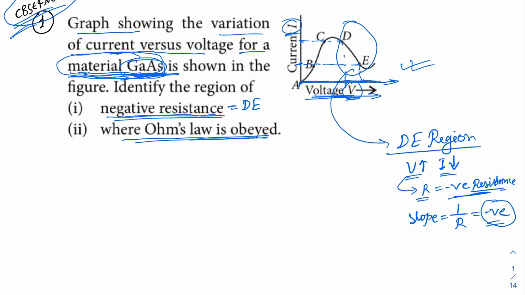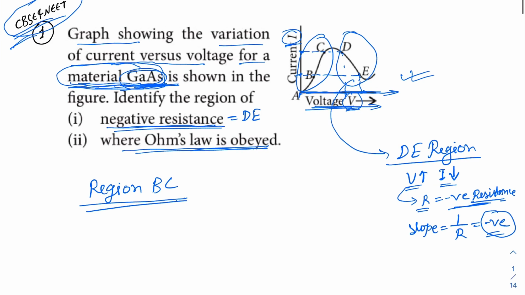Okay. And now we will go for the CB region, or we can write it as the BC region. In this BC region, from B to C, again voltage is increasing, and at the same time current is also increasing.